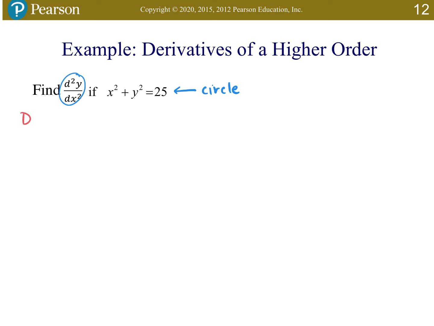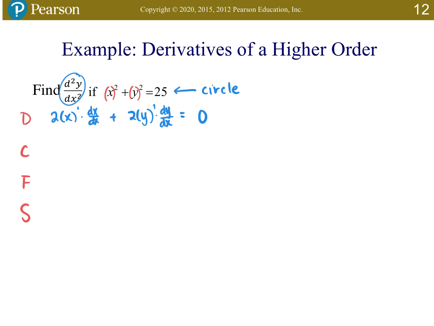All right, so the DCFS. Remember we're talking about the implied parentheses. So our first derivative would be 2 parentheses x to the first times dx, and then 2 parentheses y to the first times dy dx, and then equals the derivative of 25, which is 0.